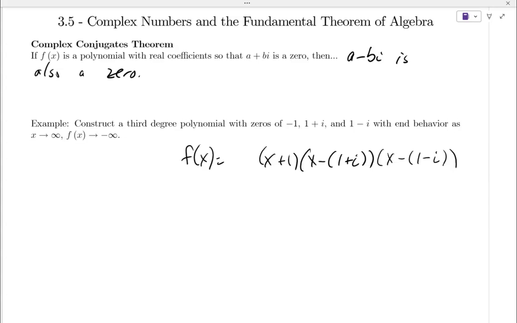Because this says as you go to the right, we go down. So it's the other way around. How do we make it go the other way around? We need to put a negative in front. Good. So this negative here is to handle the end behavior.